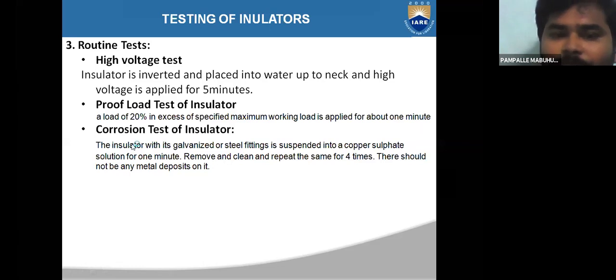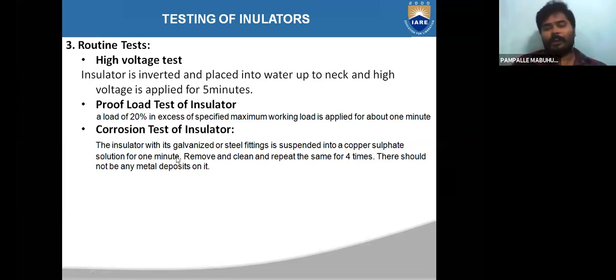Right. So this test will be performed like this. The insulator with the galvanized steel fitting is suspended into a copper sulfate solution for 1 minute.